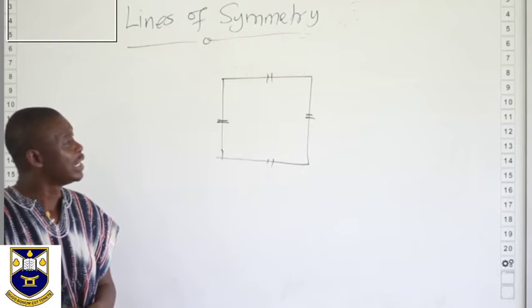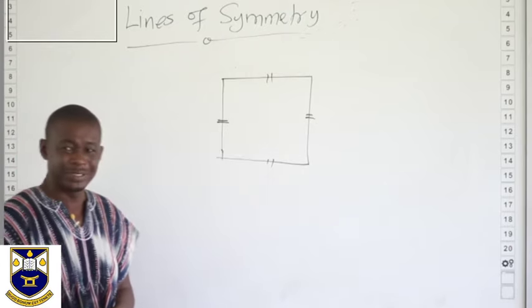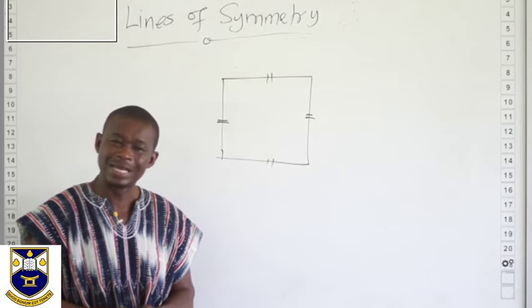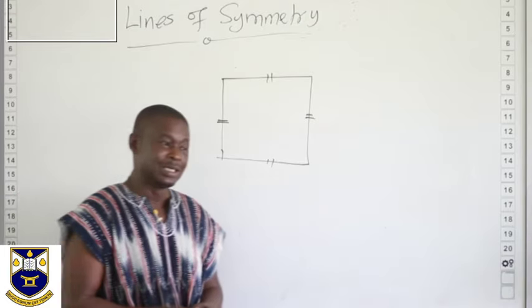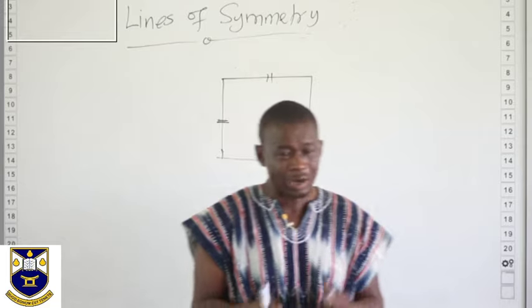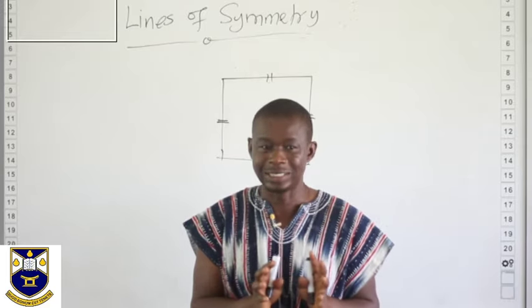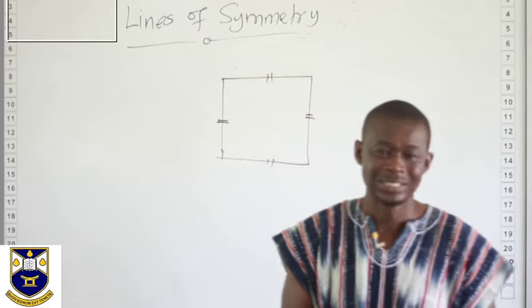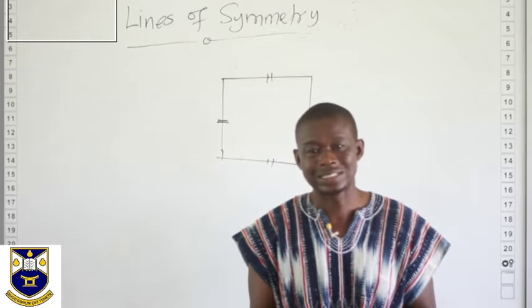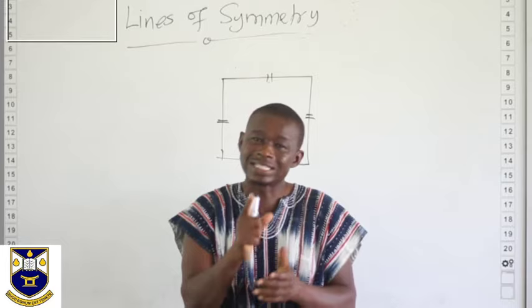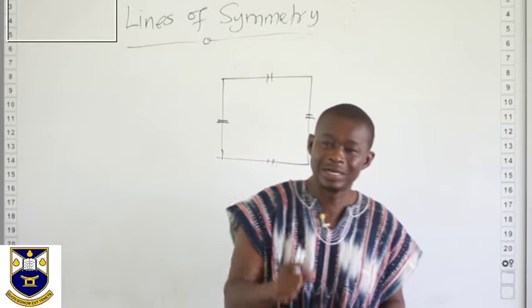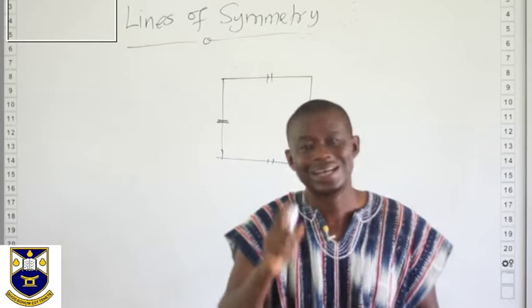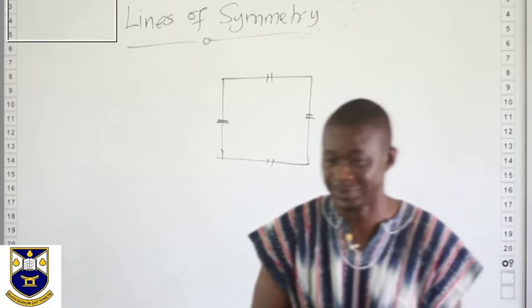Now, how many lines of symmetry can we get? Let's take note of this. I don't know how true it is, I will do my investigation, and I want you to also do it. After this lesson, I want you to get me one quadrilateral that has 3 lines of symmetry.